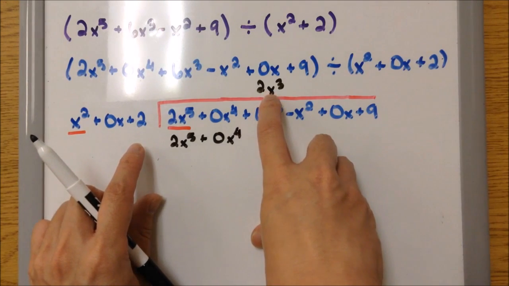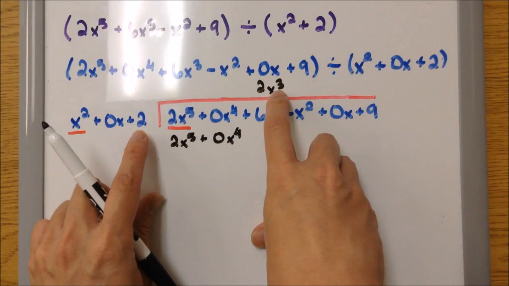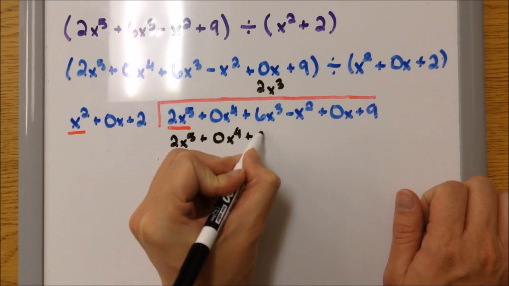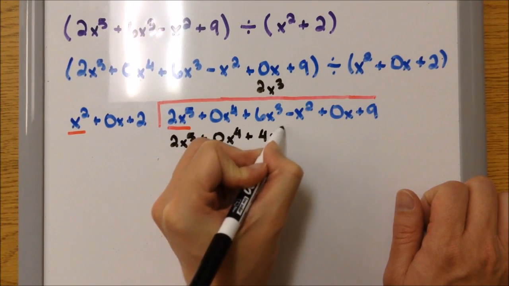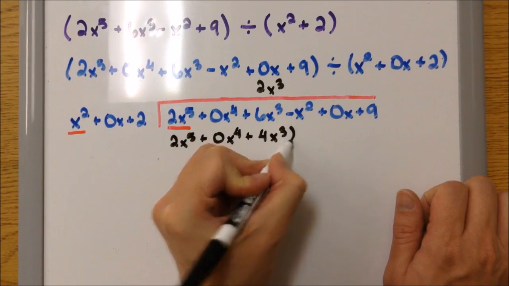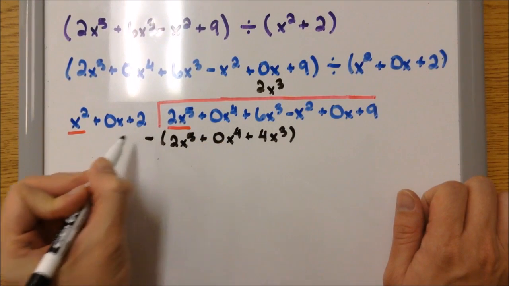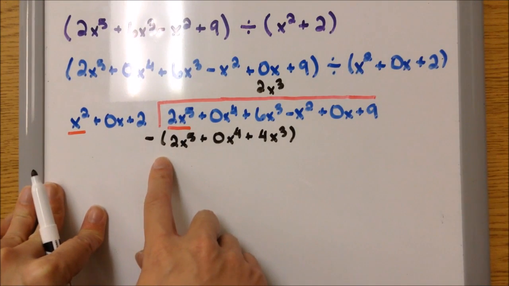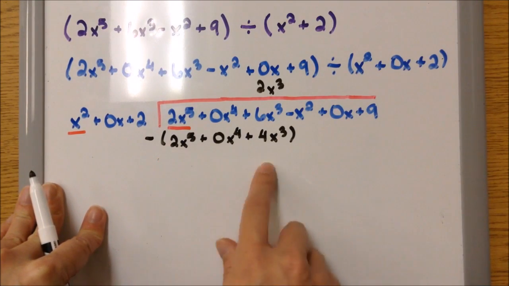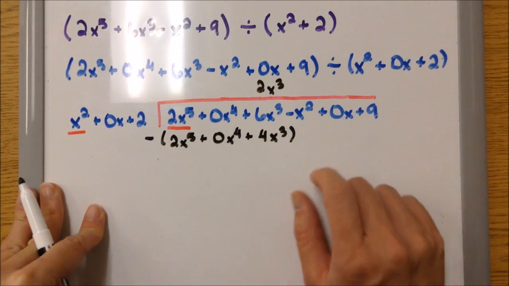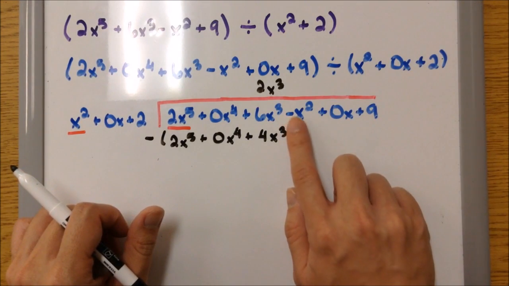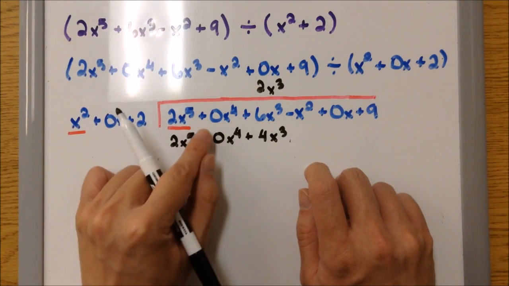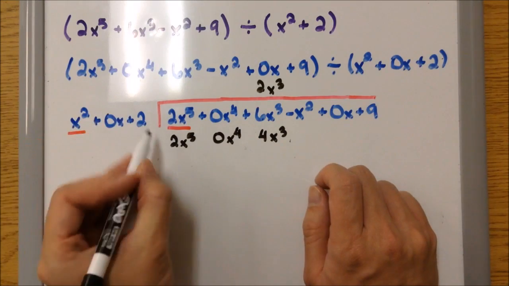Now, 2x to the third times 2 will be plus 4x to the third, in parentheses, and minus. Now again, if I don't want that parenthesis, I'm just going to change the sign in all of the terms inside the parenthesis. So I'm going to get rid of the parenthesis, and then change all the signs. Since they're all positive, they'll all become negative.